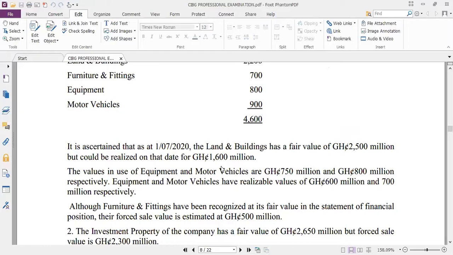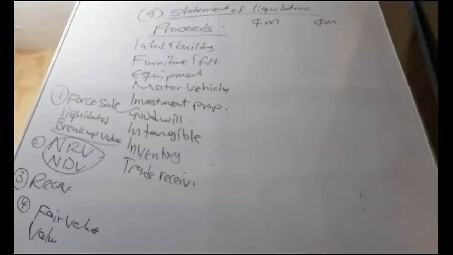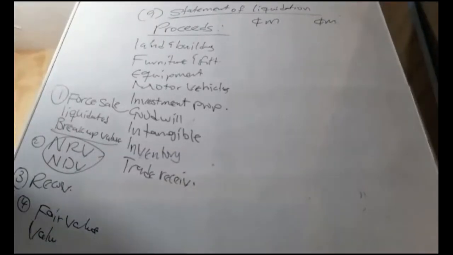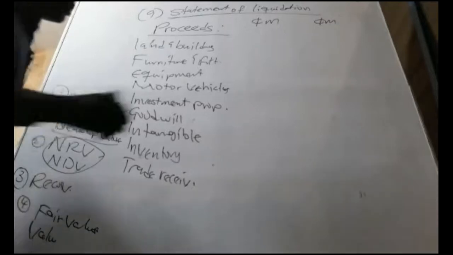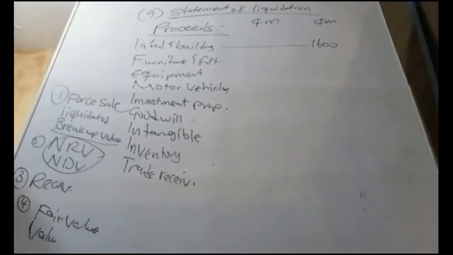So it means that the net disposal value or the realizable value is 1,600 for land and building. So we go and put that one in the last currency. So 1,600 land and building.